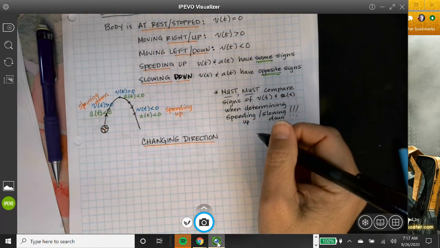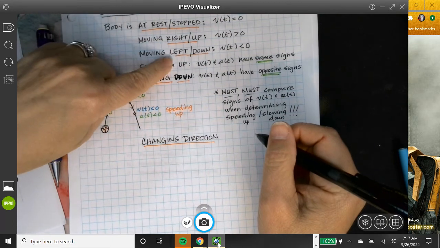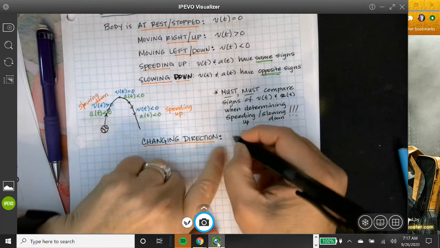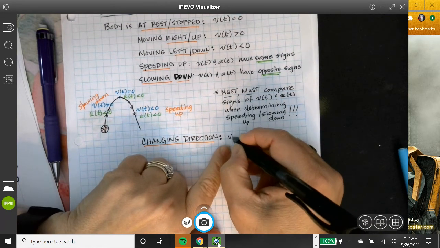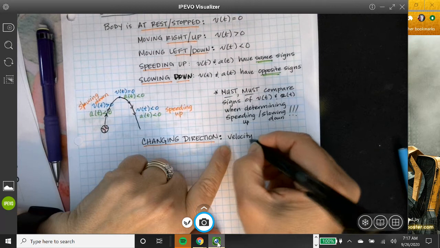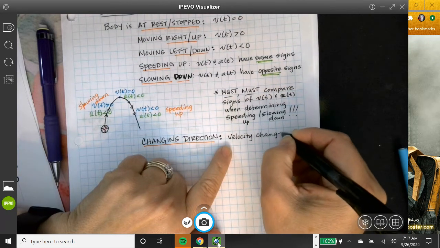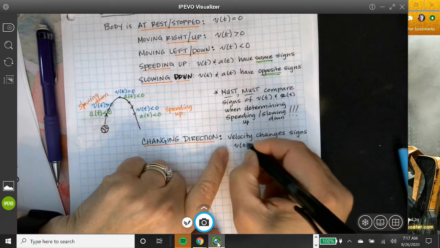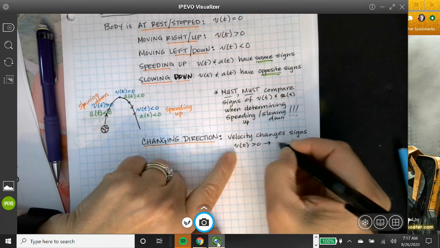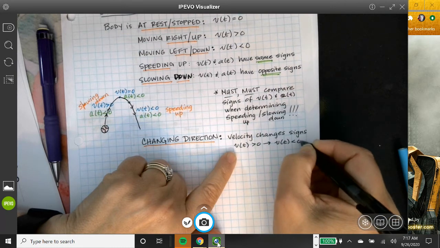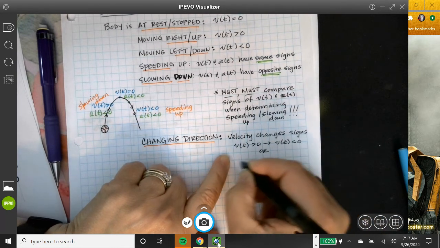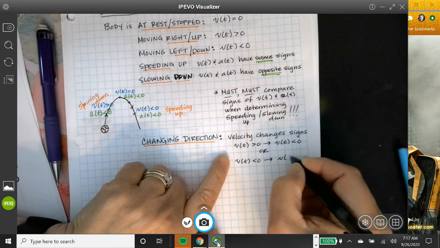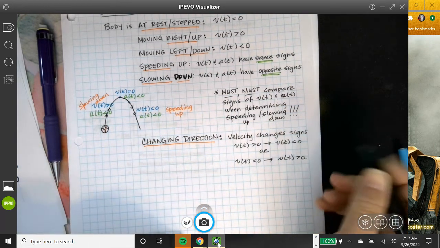If I'm moving right and then I'm moving left, what happened to the velocity? It changes signs. So you know you're changing direction when the velocity changes signs: V of t either goes from greater than 0 to less than 0, or from less than 0 to greater than 0.